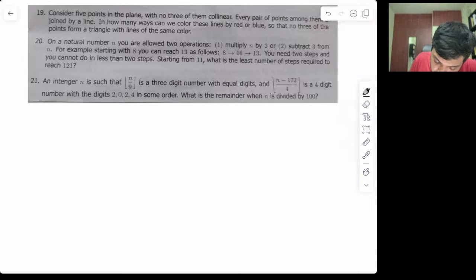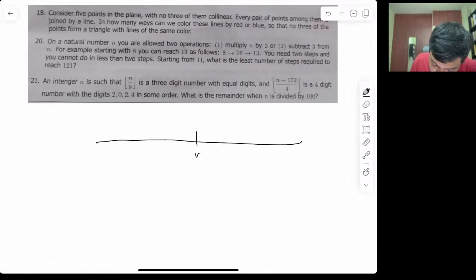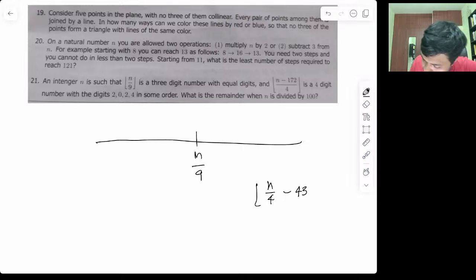So if you have a number line n by 9, some fraction, and why 172 though? 4 4s are 16, so n by 4 minus 4 4s are 16, 12 4. Okay, floor of n by 9 ... n by 4 minus 43 is a 4-digit number with digits in some order.